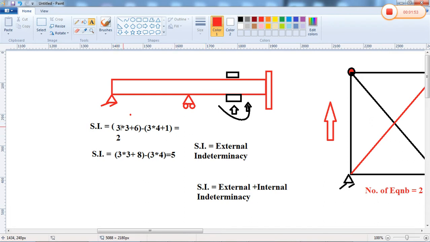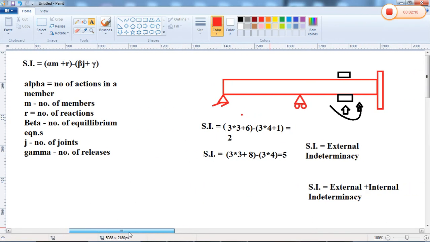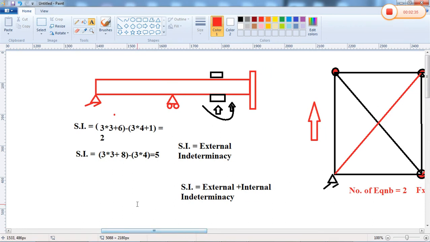Now the static indeterminacy would be again alpha, which is 3, into 3, the number of members, plus 6 reactions, 2 at this joint, 1 at this joint, and 3 at the fixed one, so total 6, minus beta, the number of equilibrium equations, 3 here, into the number of joints, 4, plus the number of releases, which here is 1. So the total static indeterminacy comes to be 2.